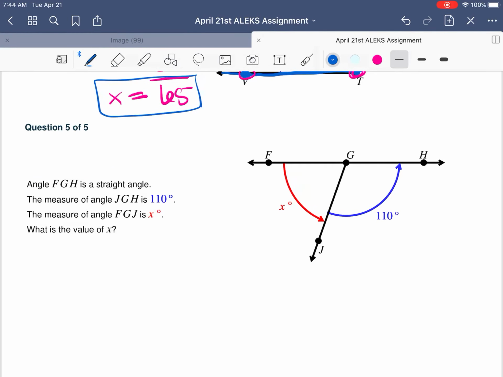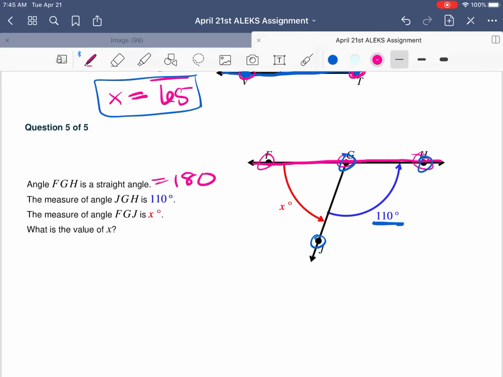Angle FGH is a straight angle. So we know a straight angle equals 180. And the measure of J, G, and H is 110. So we know that one's 110.